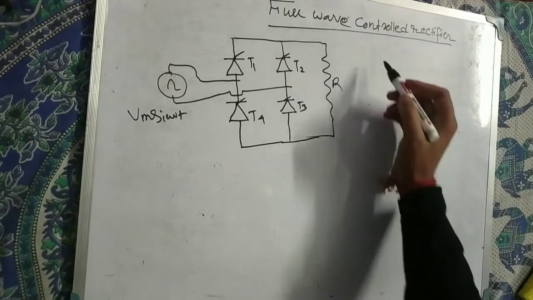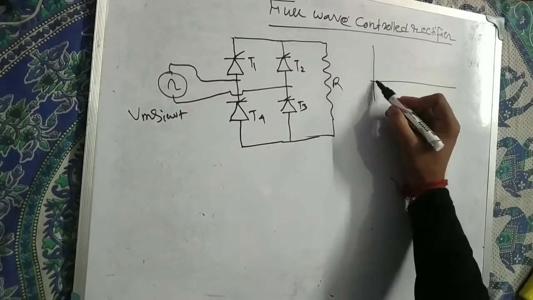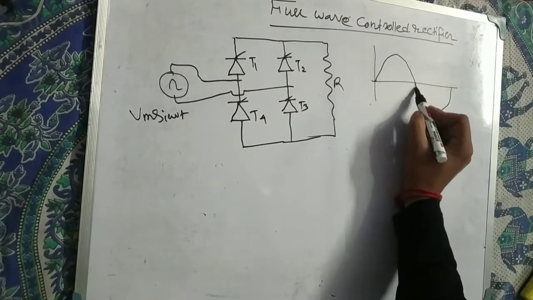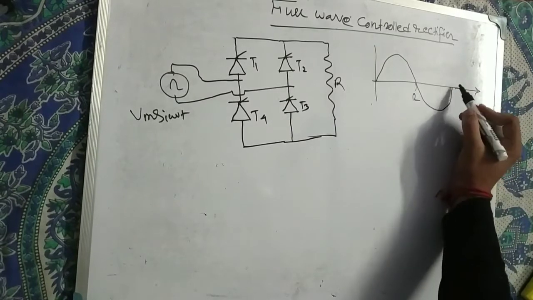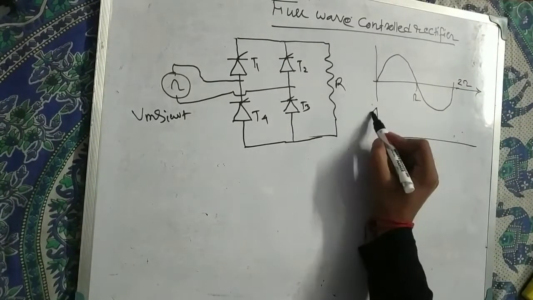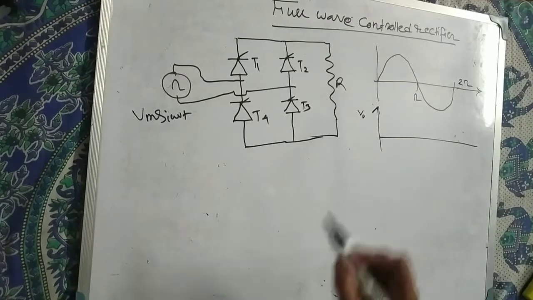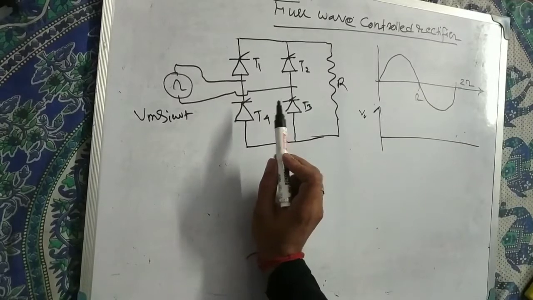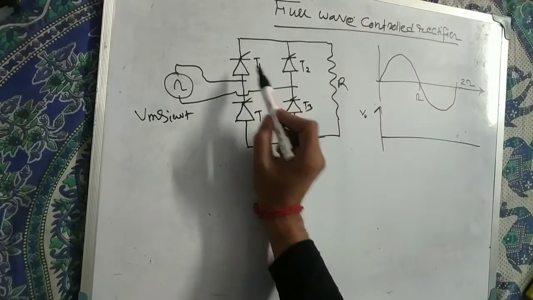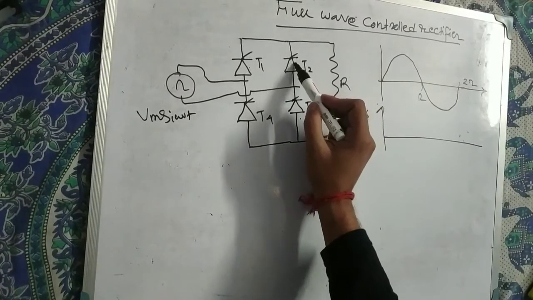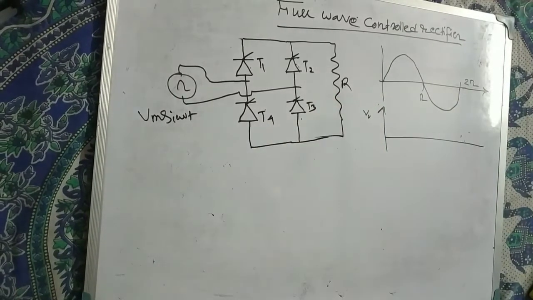First, the input is sinusoidal. This is pi, this is 2 pi, and we get this output. At alpha angle, you have to remember this, T1 and T3 are triggered, and at pi plus alpha angle, T2 and T4 will be triggered.